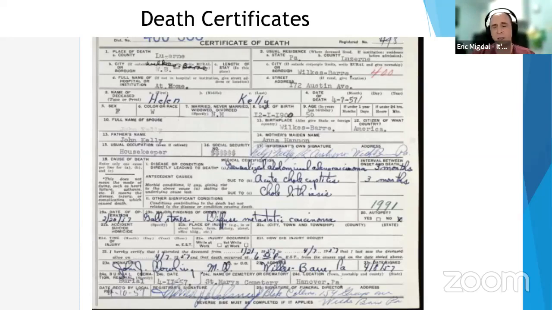Death certificates, again, are first-hand personal knowledge. It was written and signed by family members and a doctor who attended the person when they died. So it's when it happened. If it's when it happened, it's more valuable than something that was written at a different time or by somebody that doesn't know firsthand information.